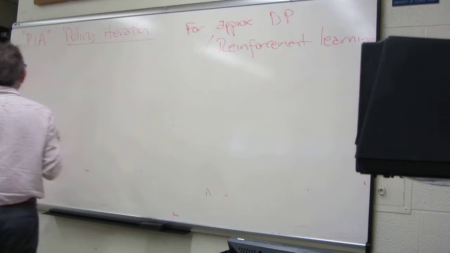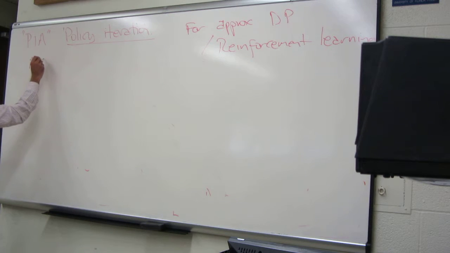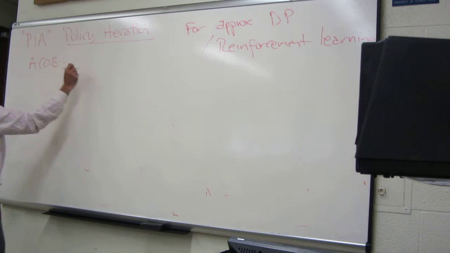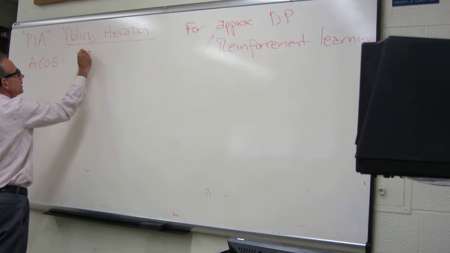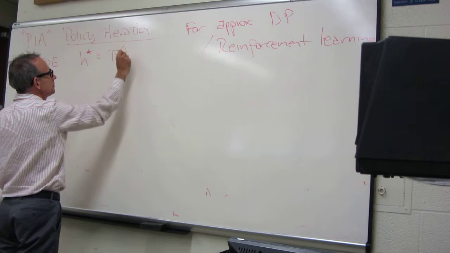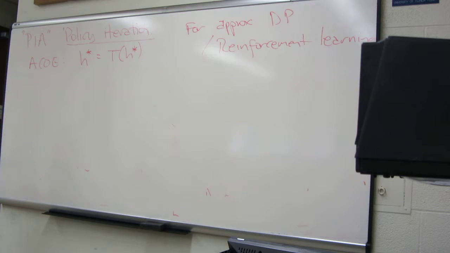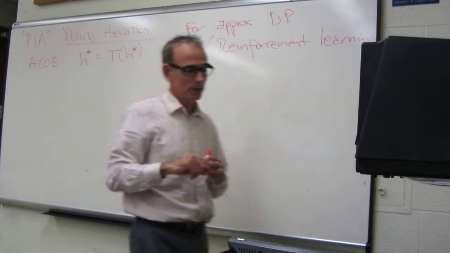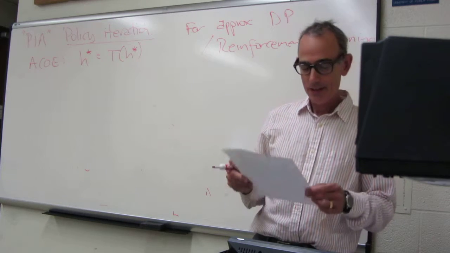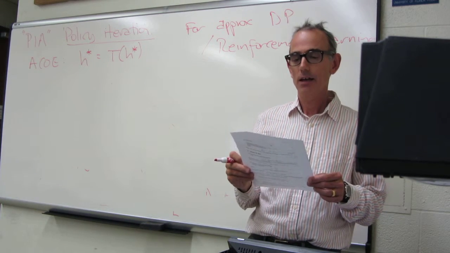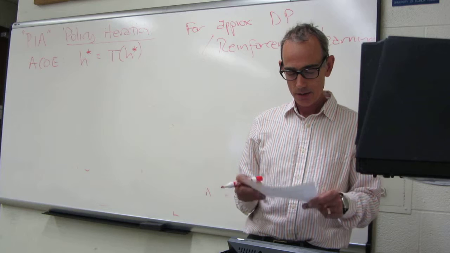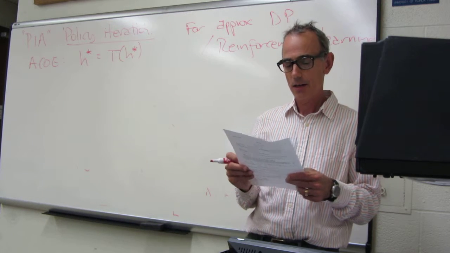So I've got the average cost optimality equation: h* equals T of h*. And that was equal to, let's remind ourselves.